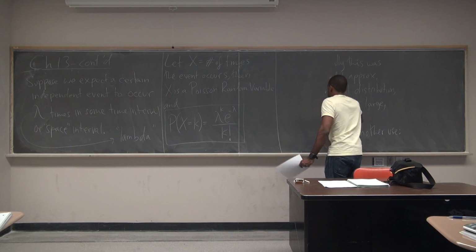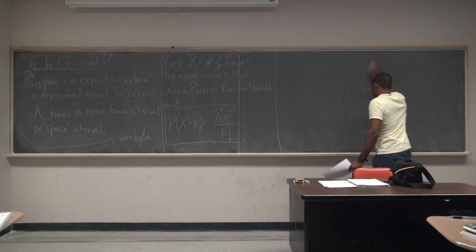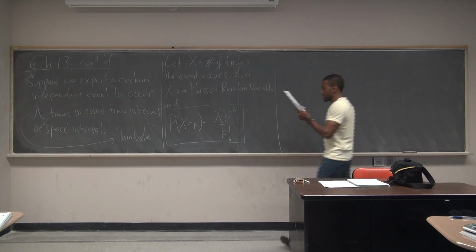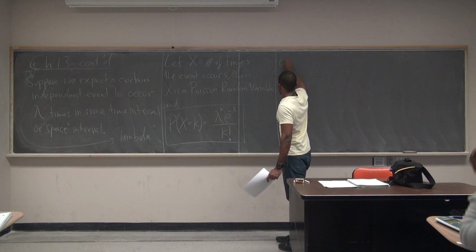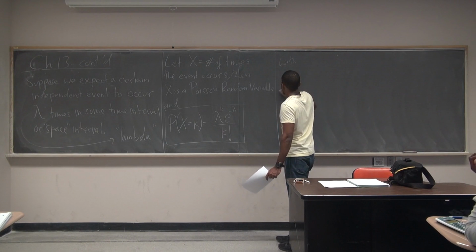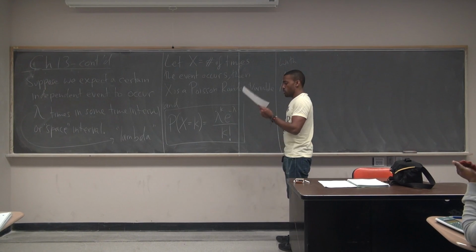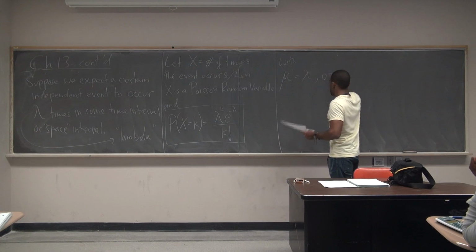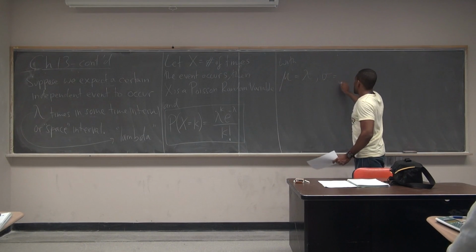We plug that formula into our mean and standard deviation formulas, and we can simplify to get this: our average, mu, would be lambda, that's how much we expect on average, and our sigma is the radical of lambda.